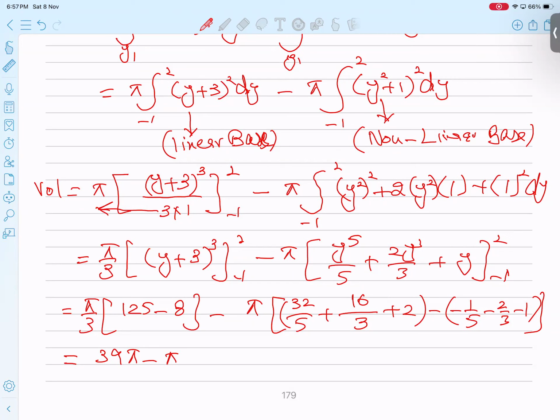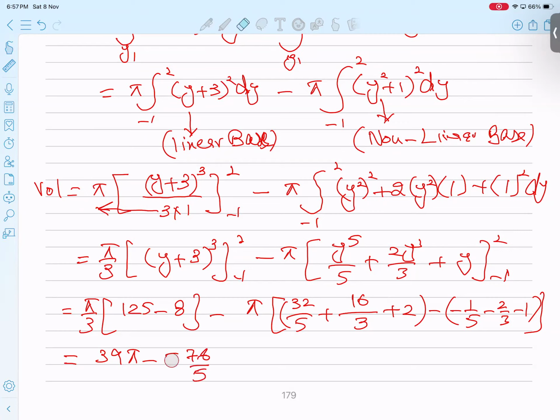Okay, now I'm typing 32 by 5 plus 16 by 3 plus 2, and negative 1 over 5, negative 2 over 3, and negative 1. So what do I get here? I get 78 over 5 pi.